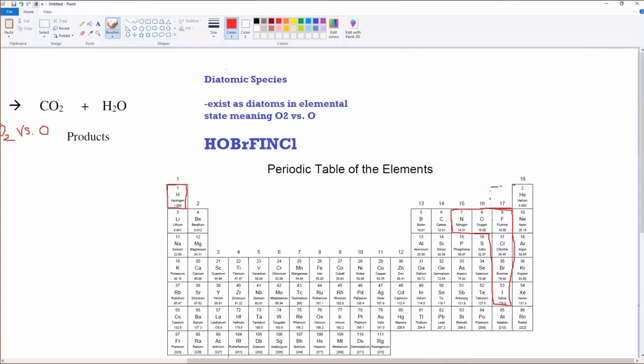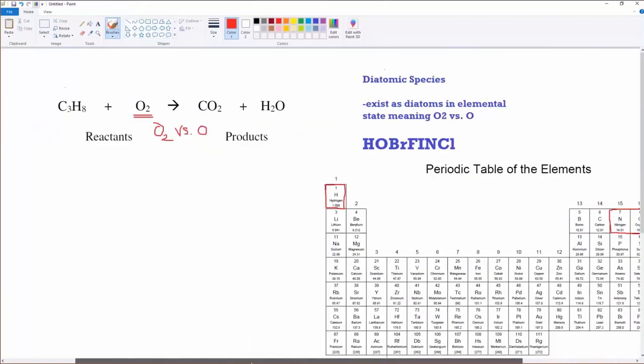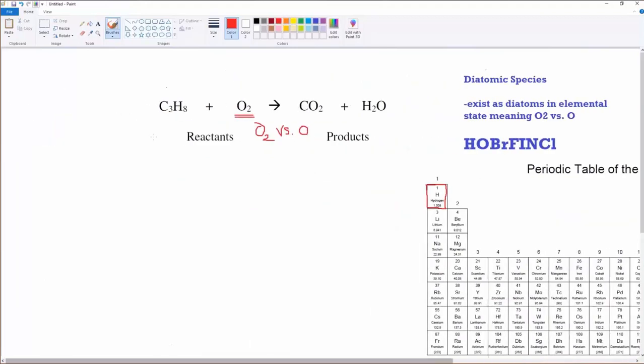Does that make sense? Do you think you can remember those? That's just an important little thing that you guys need to memorize, that those things naturally exist as their dimer forms.